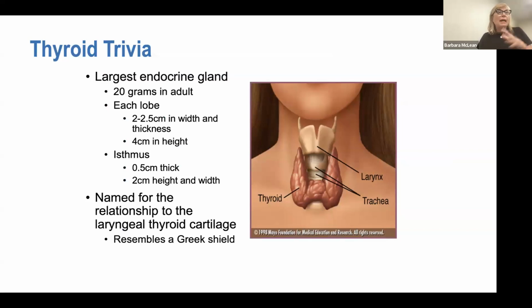It's a beautiful gland. It's the largest endocrine gland, 20 grams in an adult, two lobes, and they lie on either side of the larynx. So one of the things we worry about a lot is when unsophisticated persons do a cric. We're always worried about nicking the thyroid gland or causing some other trouble. And of course, really important that we're only going to go directly into the trachea.